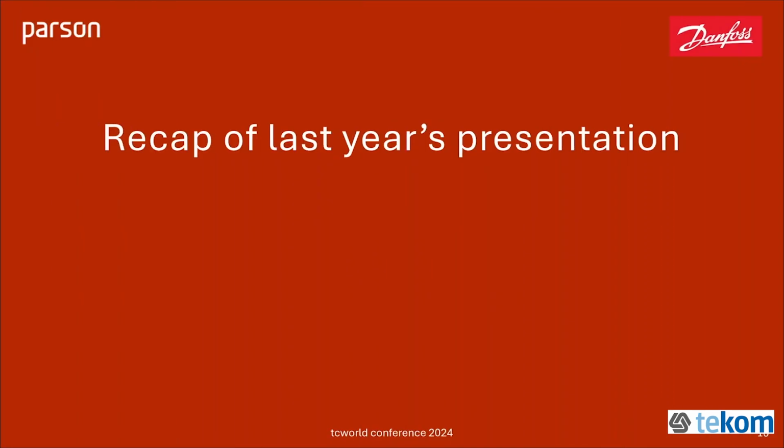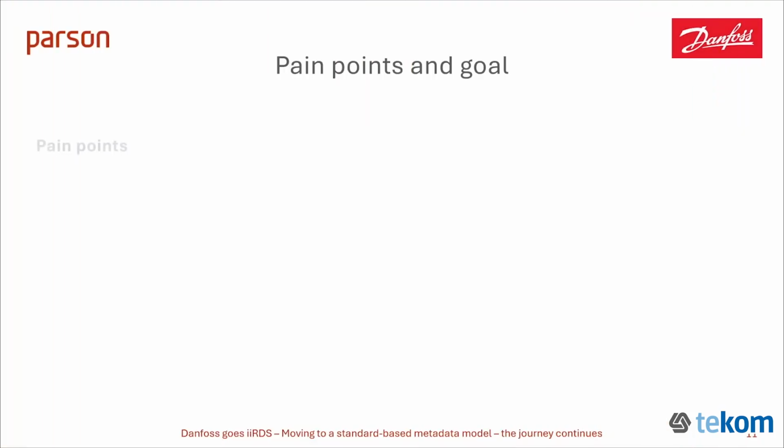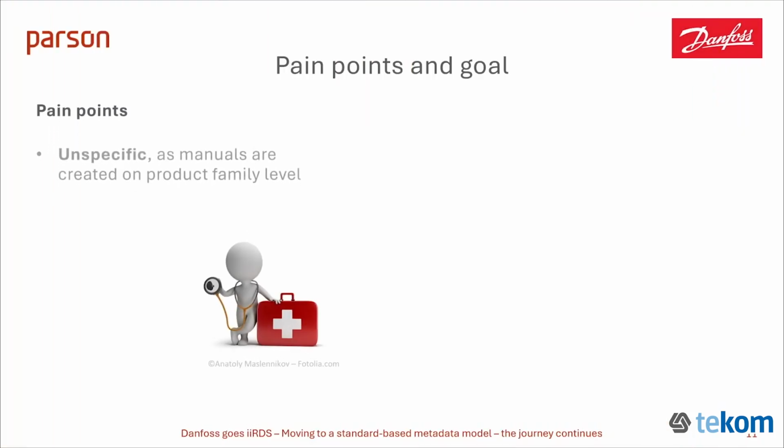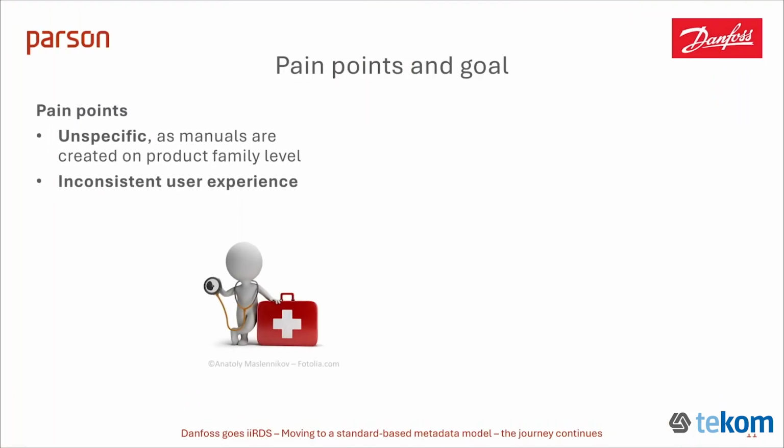As you can guess, we held this presentation, not exactly this one, but the first version, last year, and this year is how the journey continued. Last year we looked into some pain points that are probably very typical, as we are coming from creating manuals for our products, like PDF and printed material.